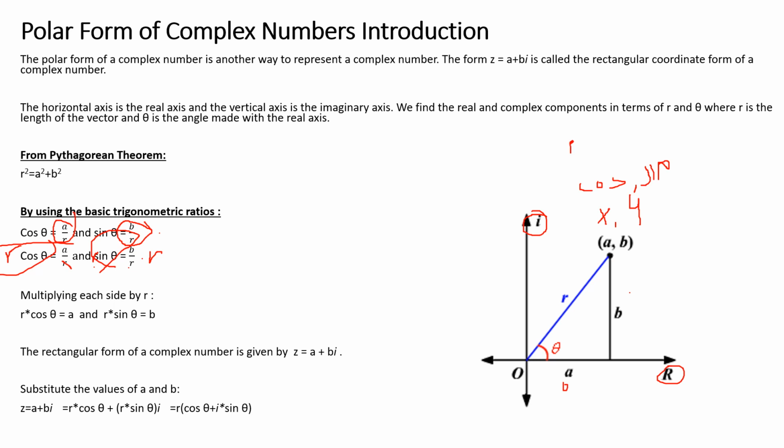This would be my real number, which is the x-axis, plus my imaginary number, which is the y-axis. We don't write cosines and sines for complex numbers. We write real plus imaginary.